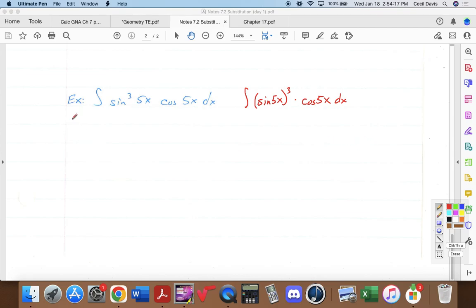So if I'm doing a U substitution, I'll let U be equal to sine of 5x. Then du would be cosine of 5x times 5 dx. Well, I don't have that 5, so 1/5 du is cosine of 5x dx, which is what I do have.